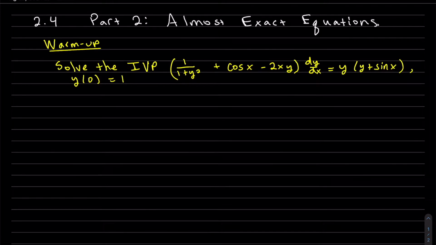Okay, so this is part 2 of Almost Exact. So we're going to start off with this warm-up, and we're going to solve the initial value problem. So we're going to try to use the method of exact equations first. And let's go ahead and clear a differential.